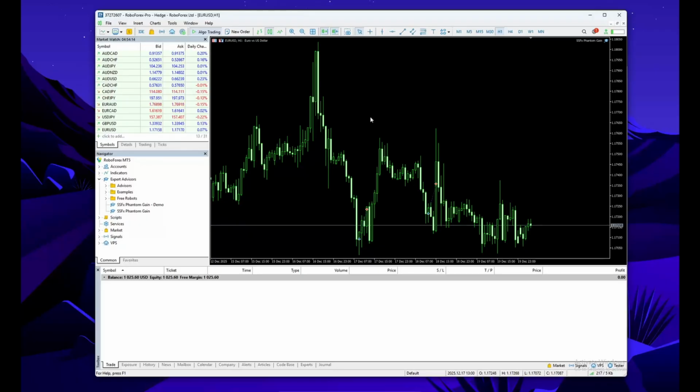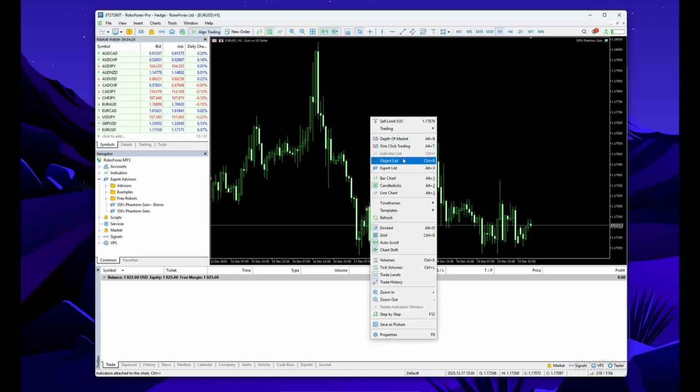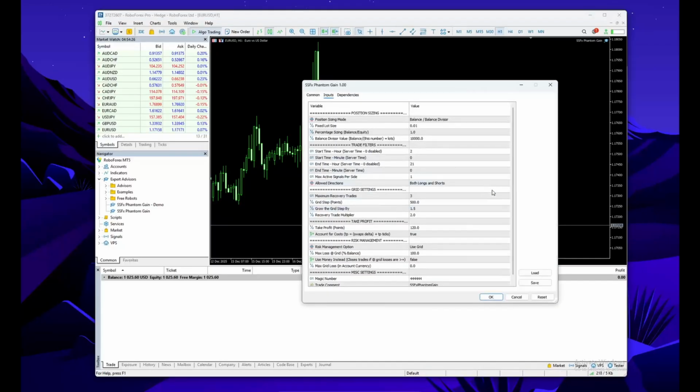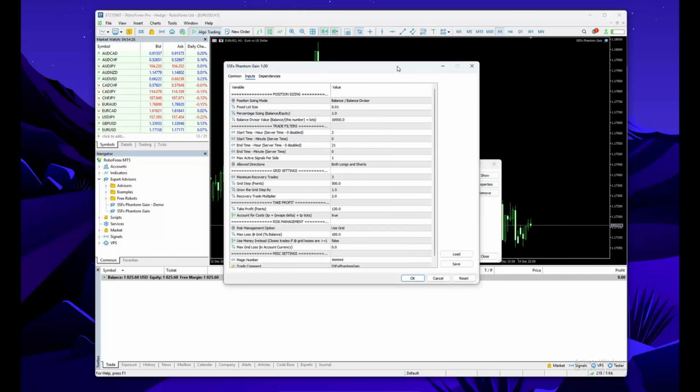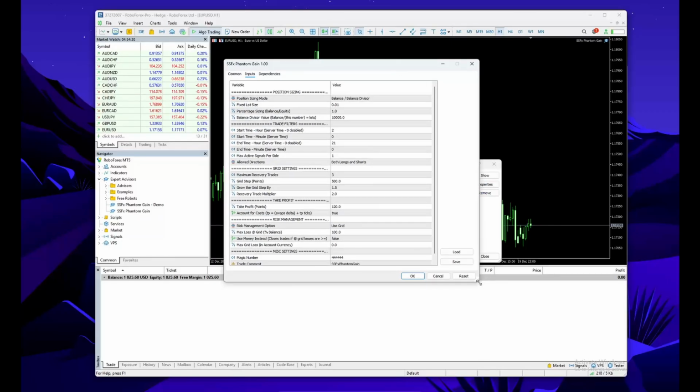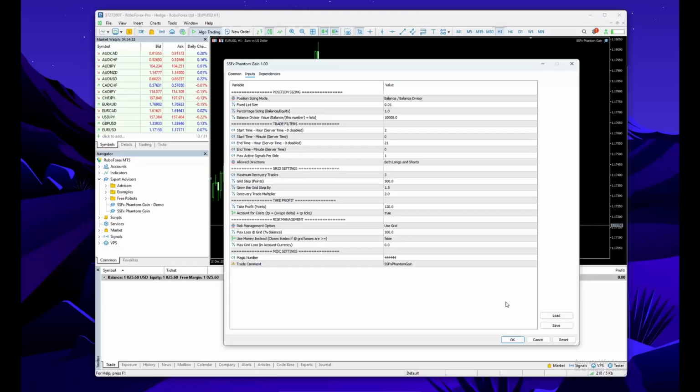Of course, I have another account which is on MT4, but on that specific account, I'm using significantly more risk than I am on this account, so I definitely do not recommend those settings. However, let's just jump in so that I can walk you through the different settings for the bot.